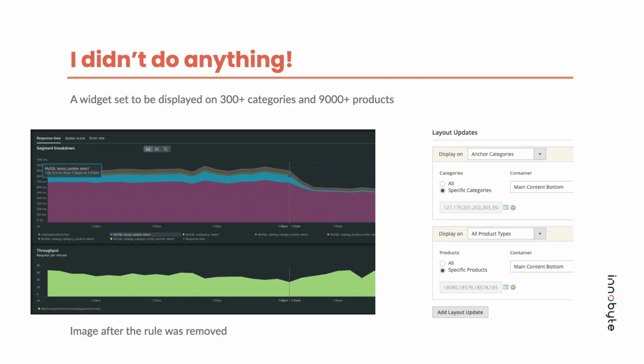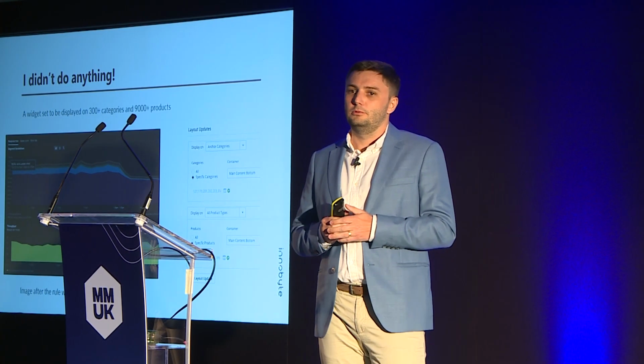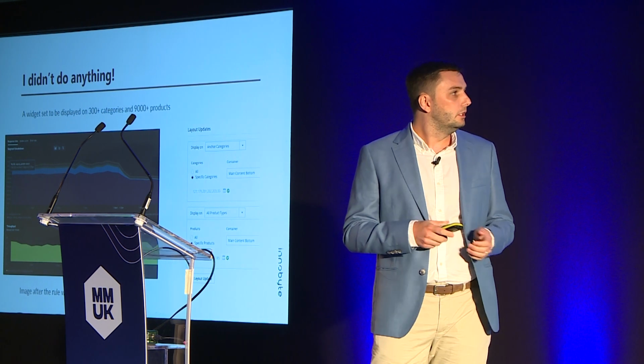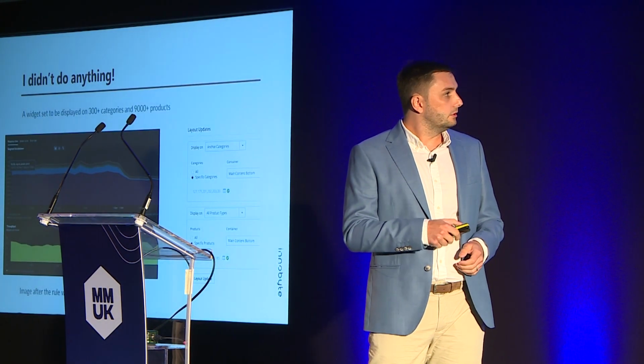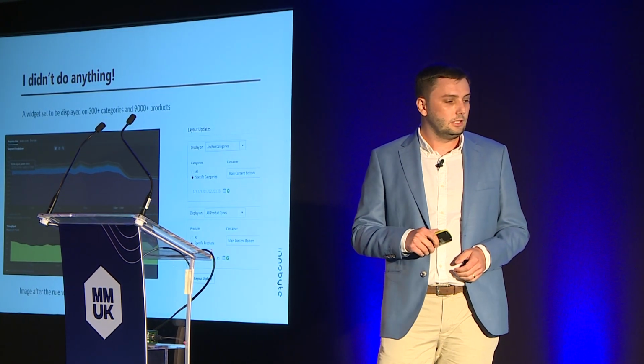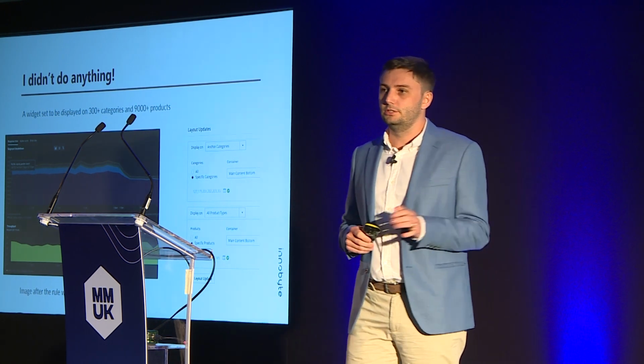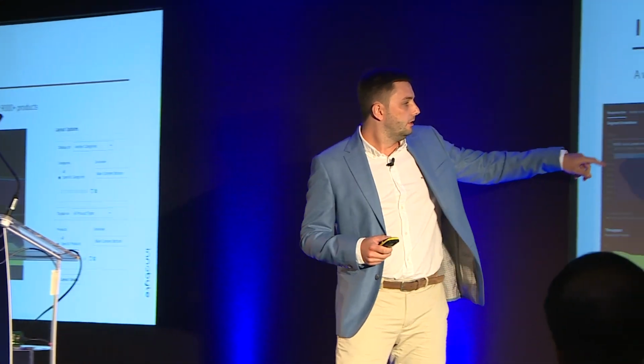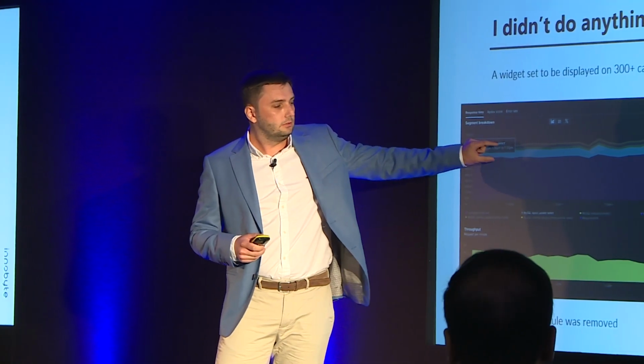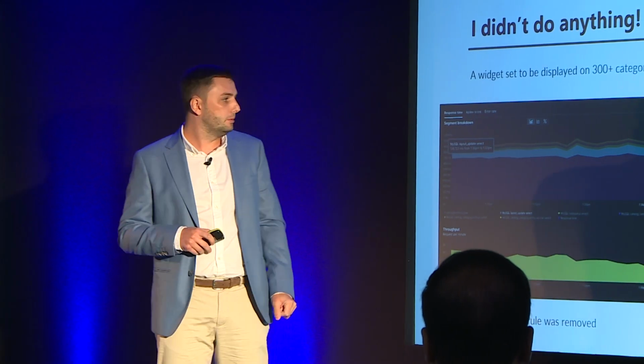Another use case was that the content manager had an idea to put some labels on some pages. It was 300 categories and 9,000 products, and it was not just one rule, there were 10 rules. I don't have the graph, but we noticed this portion was higher.